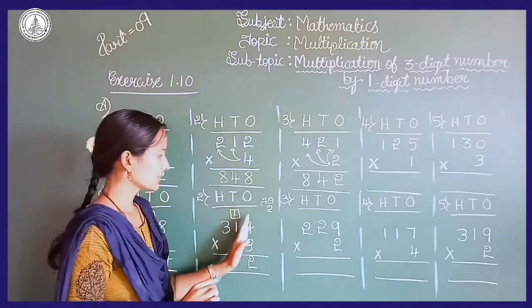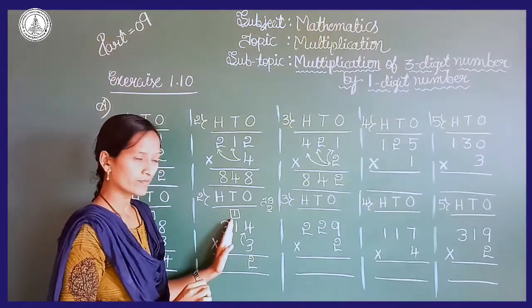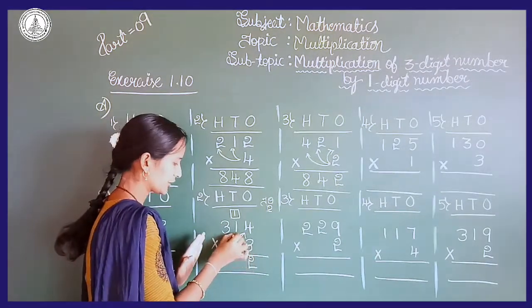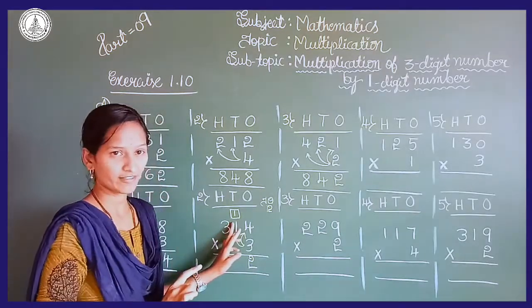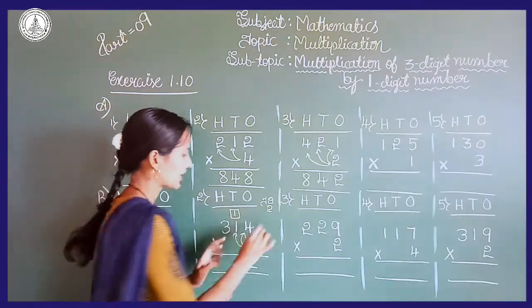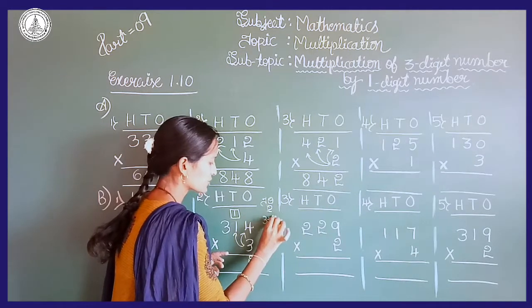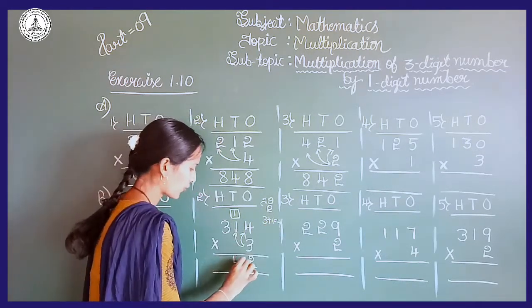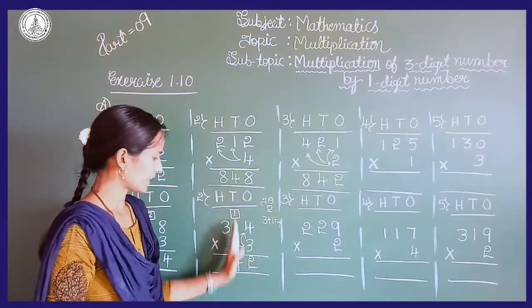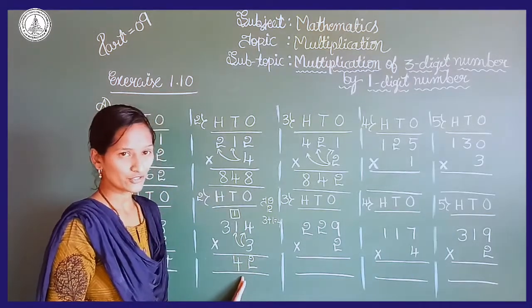Right? So now move to the tens column. So 3 into 1. 3 into 1 is 3 itself. 3 plus 1. So this 3 plus 1 is 4. 3 plus 1 is 4 tens.